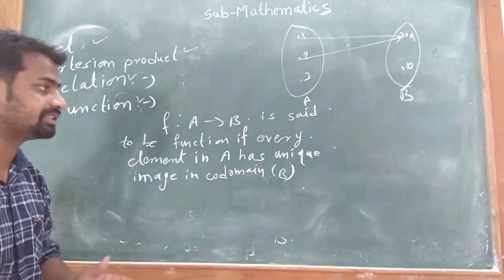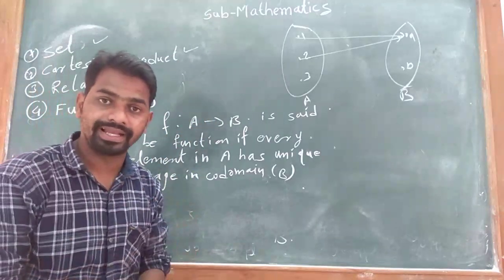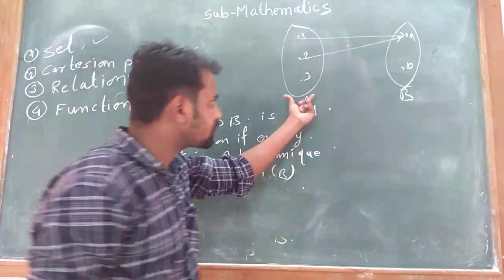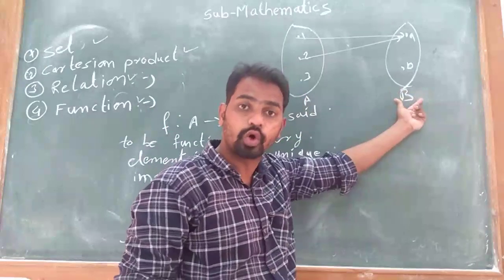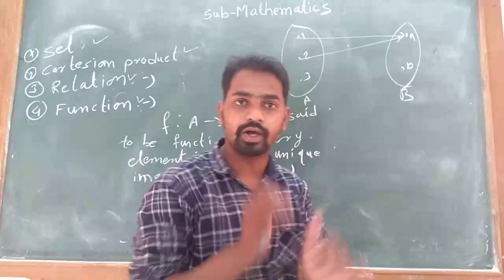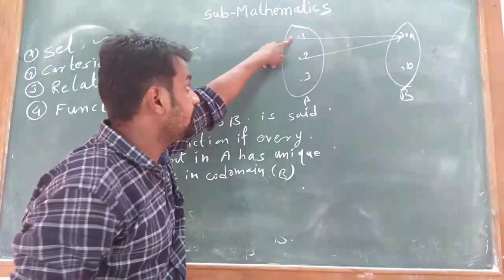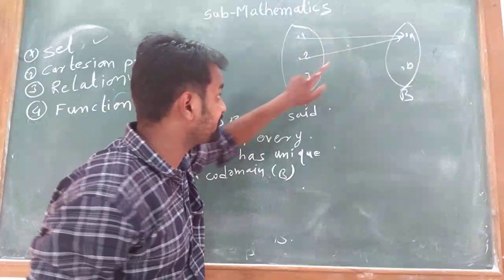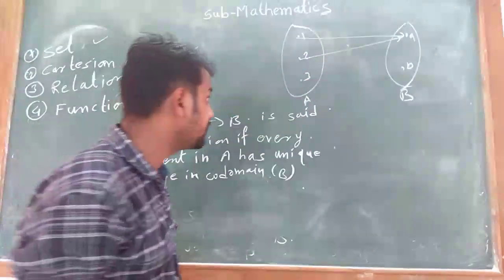The definition of function says that every element in the domain has a unique image in the codomain. So here 1 has an image, 2 has a unique image, 3 has no image. So this is not a function.